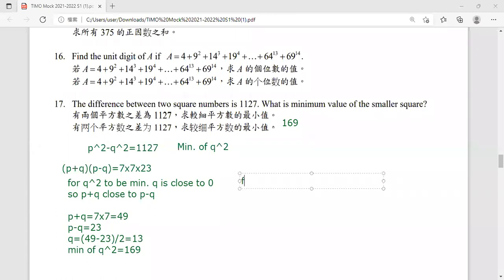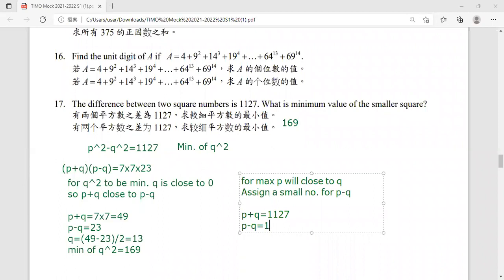For maximum, P will be close to Q. Then I will put a small number for P minus Q. Then Q will be equal to 63, then Q squared.